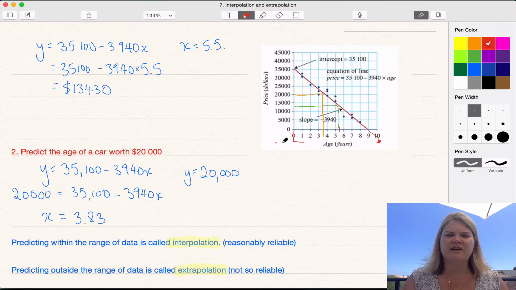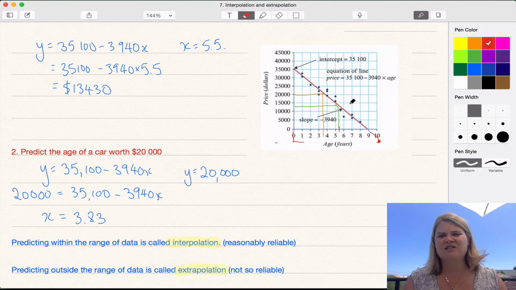So at 10 years of age, a car would be worth negative $10,000, which again doesn't make a lot of sense. So for this data set, it's not very reliable to use extrapolation above and below the data set. You just need to know what these two words are and which one's reliable and which one's not so reliable.